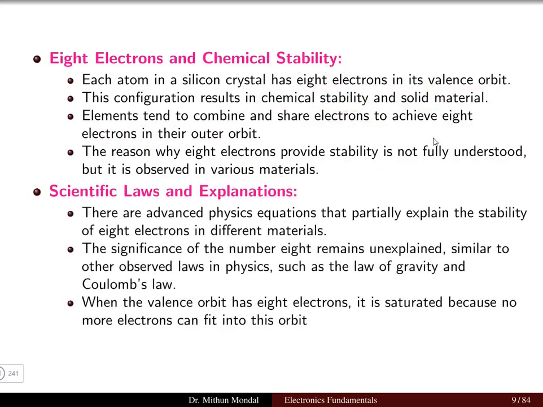Some scientific laws such as the law of gravity or Coulomb's law are also not fully understood. Similarly, even advanced physics equations only partially explain the stability of 8 electrons in different materials. But it has been observed that when 8 electrons are present, the orbit is saturated because no more electrons can fit into it, and hence the chemical structure will be better.